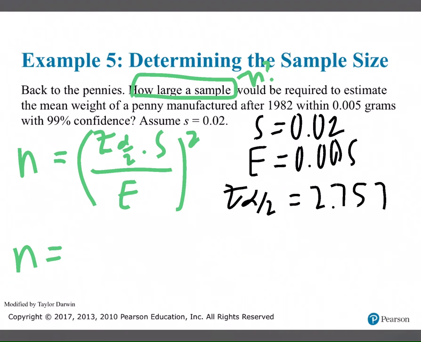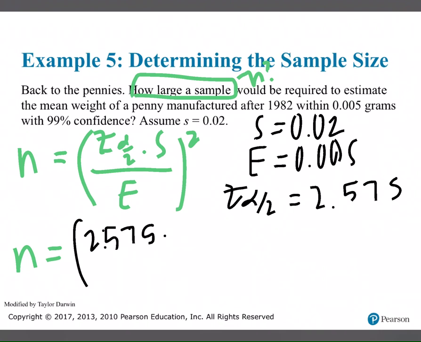So that's, whoops, I wrote that completely opposite. 575, sorry. And that's the hardest part, honestly, is finding that z-score, because once you've got that, you can just plug everything in. So 2.575 times S divided by E.